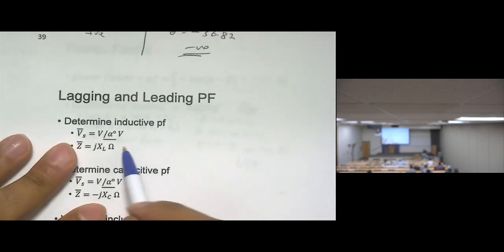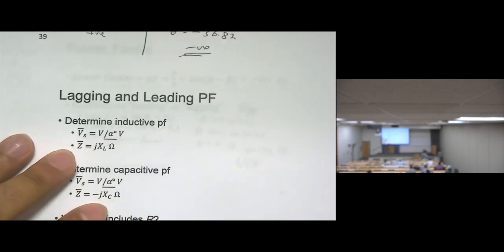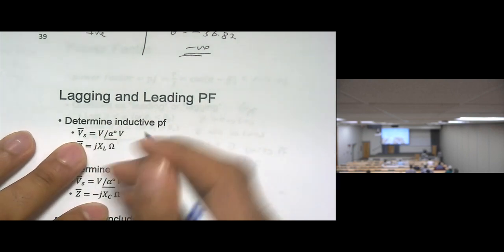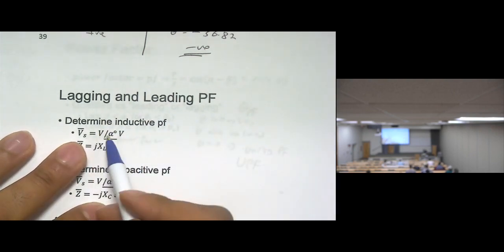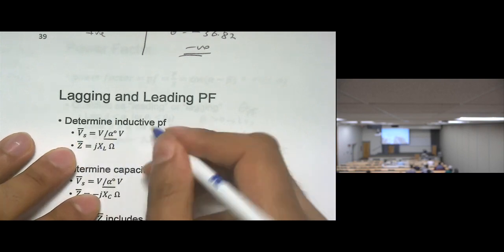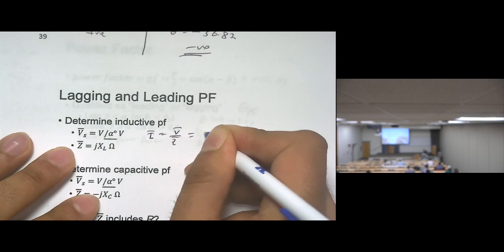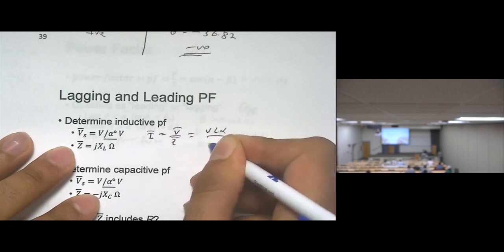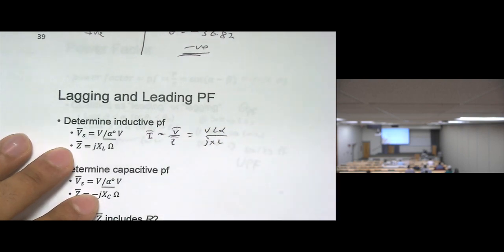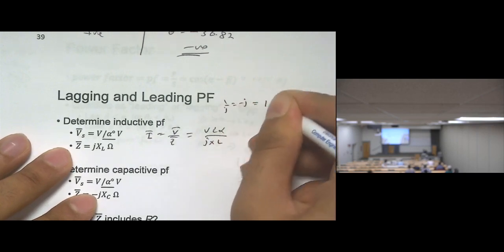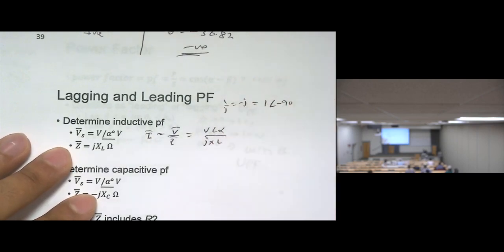Determine the inductive power factor. So we need to know the voltage and the current and their angles. The voltage is V angle alpha. The current I, according to Ohm's law, will be V over Z, which will be V angle alpha over jXL. And we know 1 over j equals negative j, which will be 1 angle negative 90 degrees.